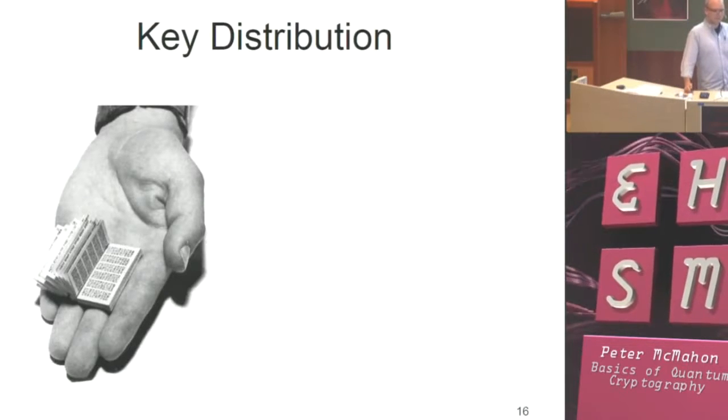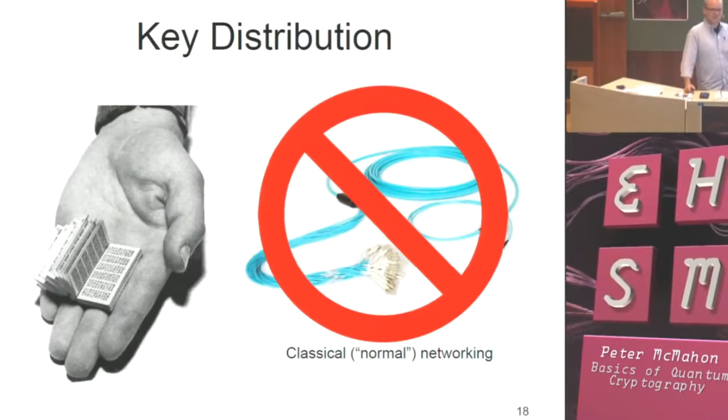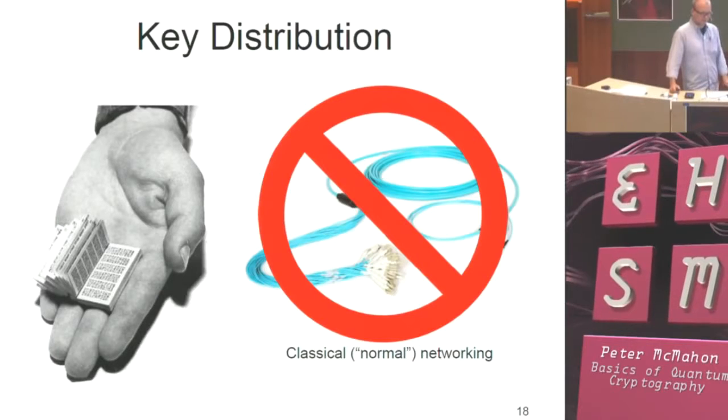So is there some way to do this without using some physical hardware, like a hard drive or a book? And obviously you could think about, well, is there some way we could do it with maybe a classical network? But of course, if your classical network was secure in the first place, you wouldn't need encryption. So that on its own doesn't work. So for a long time, one-time pad cryptography seemed like a great solution to making perfectly secure cryptography, but one that was logistically infeasible unless you had very, very large, demanding security needs.